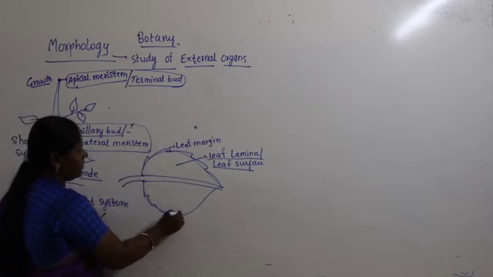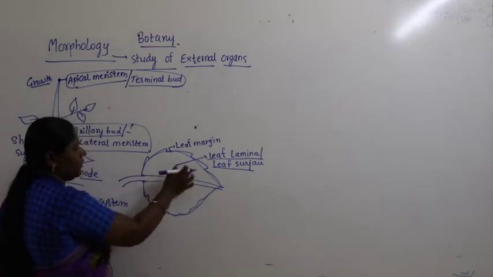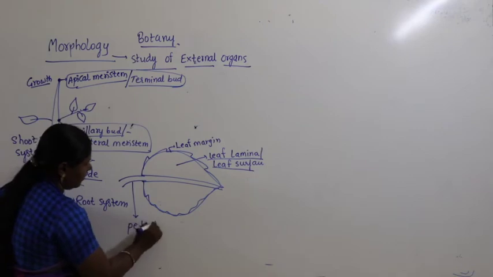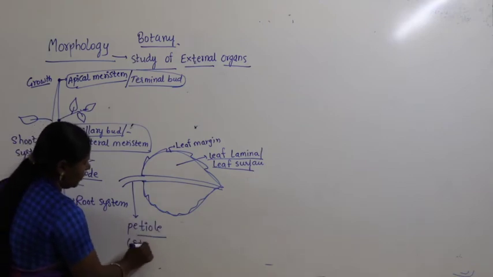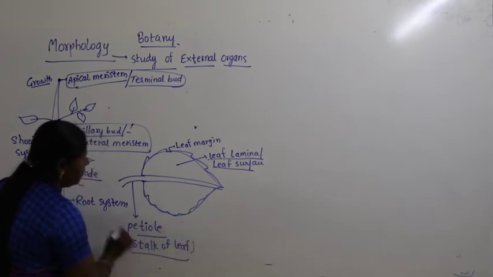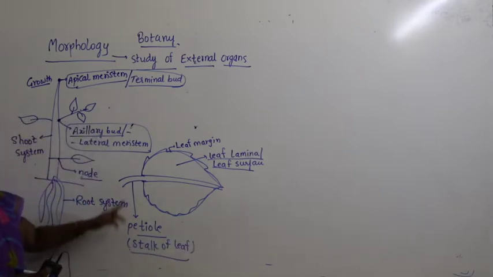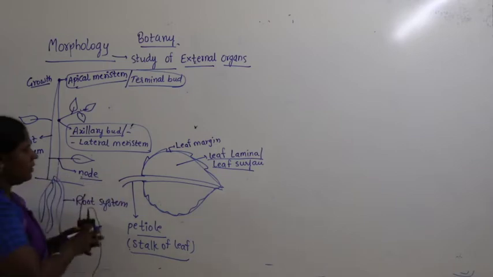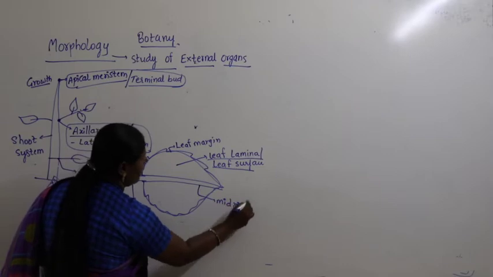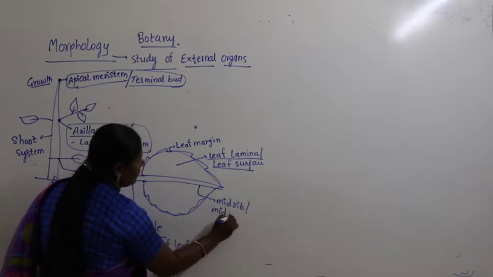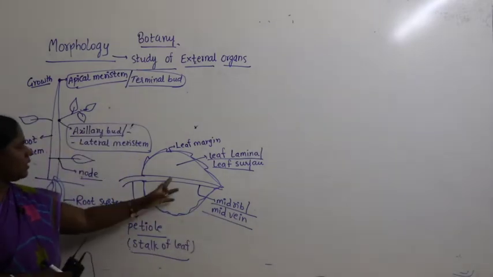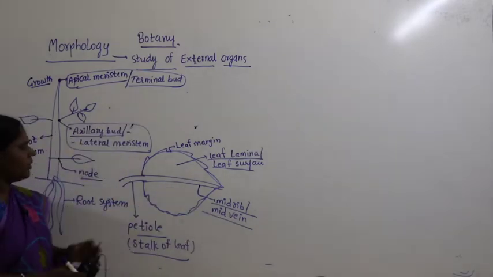Outer part of the leaf is called leaf margin, leaf surface, and this is called petiole. Petiole means, what is petiole? Stalk of the leaf is called petiole. Stalk of the leaf is called what? Petiole. Now here you know that this is called midrib, or itself it's called midvein.